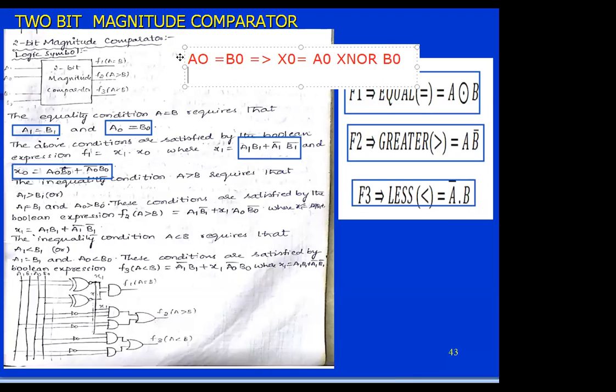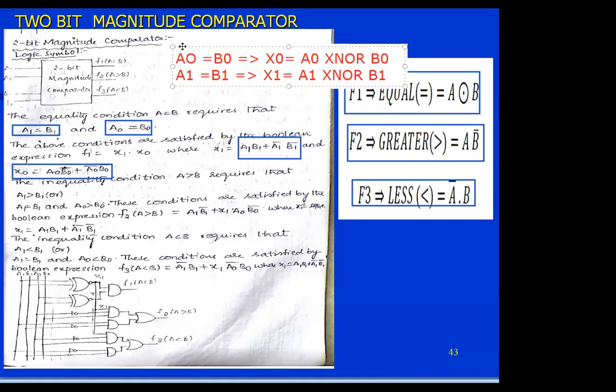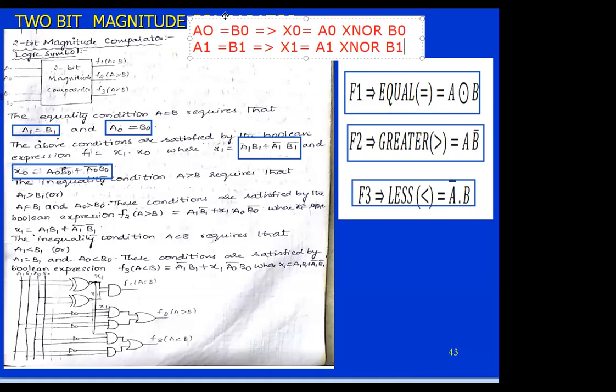Similarly, A1 equal to B1, then we can write this as X1. This is equal to A1 XNOR with B1. Okay.